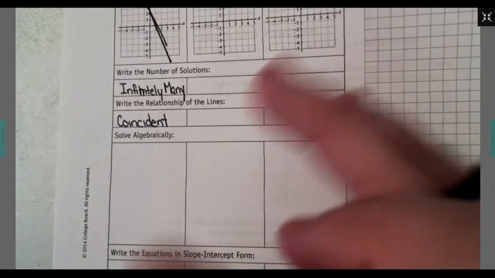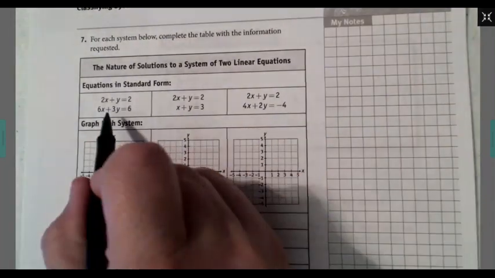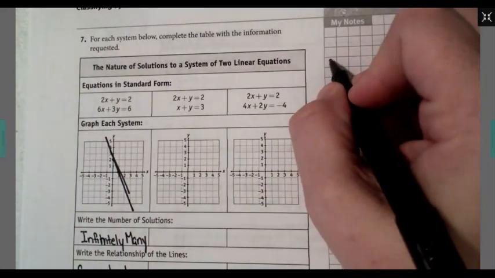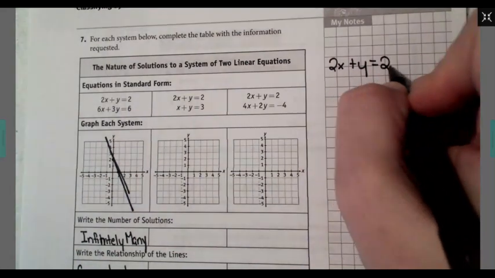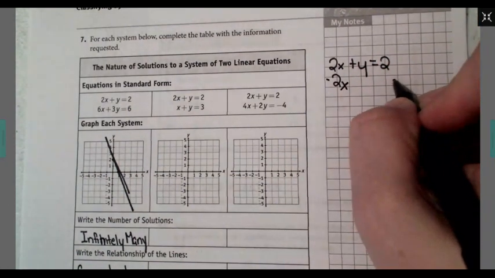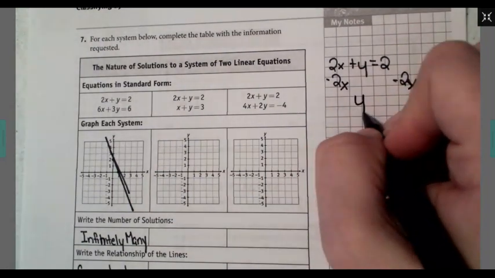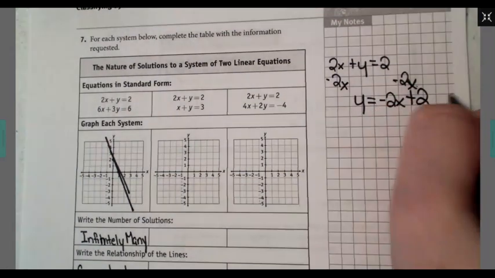It says solve algebraically. I am going to solve this first equation for y. Off to the side here, I've got 2x plus y equals 2. I'm going to subtract 2x from both sides. That's going to give me y equals negative 2x plus 2.